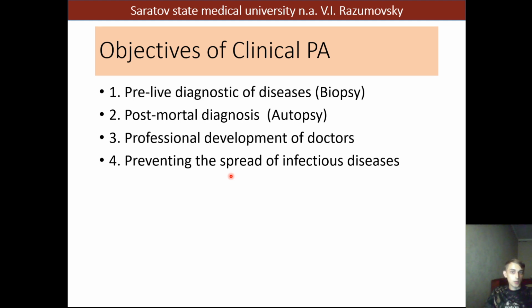The fourth objective is preventing the spread of infectious disease. Often you may know that some patients die early without diagnosis. So the pathologist will be the first doctor who can find out the diagnosis and the reason for the death of this person.